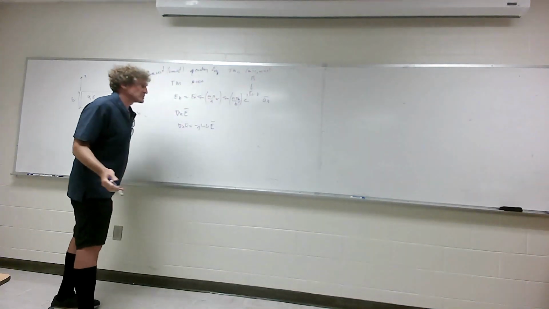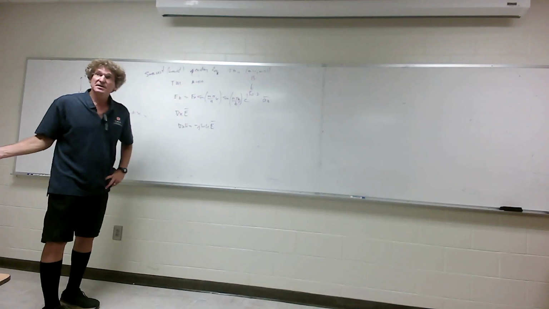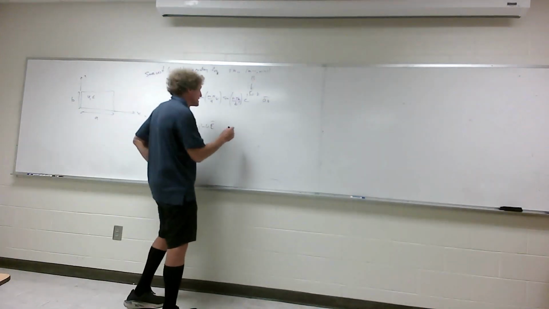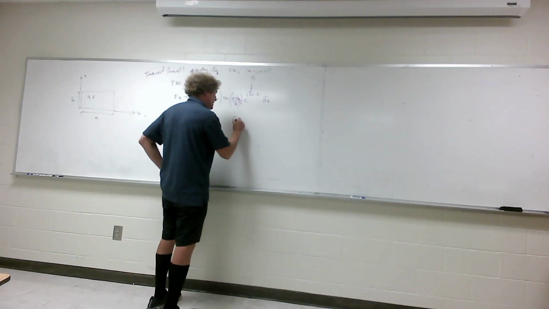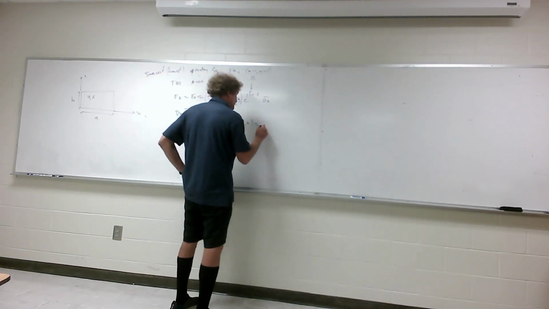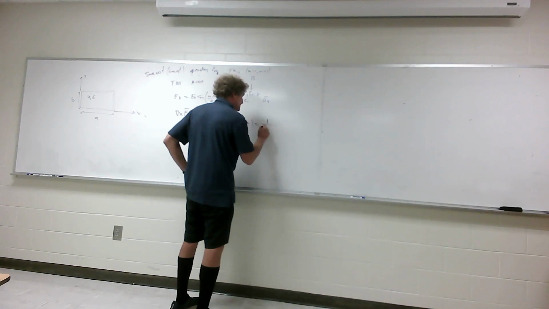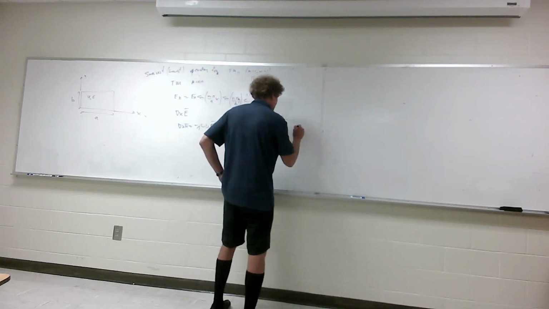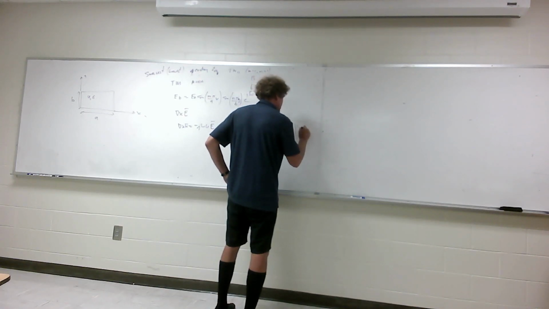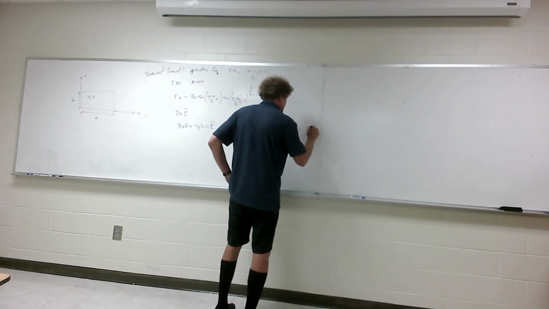Now the cutoff frequencies are given by an equation, and they're given by the same equation, TE versus TM modes. The cutoff equation for m, n is equal to 1 over 2 square root of mu epsilon times the square root of m over a squared plus n over b squared.